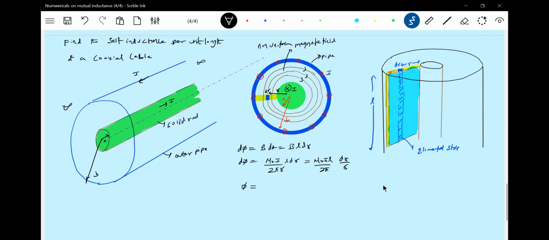Let's go for the limits. Mu naught I L by 2 pi. Now what should be the limit? The limit should be from a to b. So flux linking to the current is what? The self-inductance.